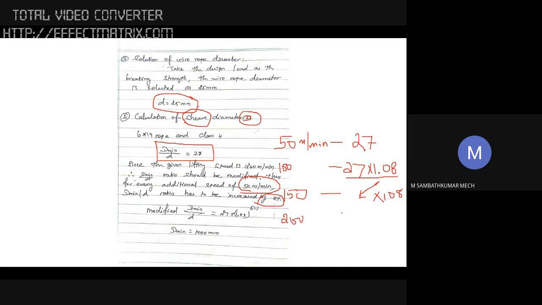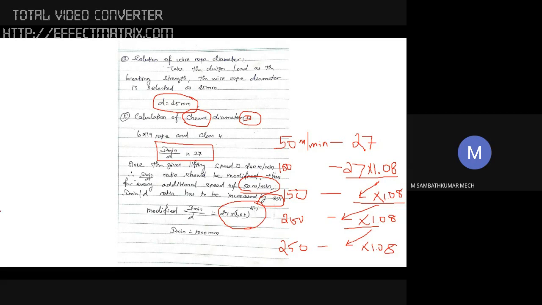Similarly for 200, again you should multiply with this value into 1.08, and it is around 240 meter per minute. So again for 250, you should calculate this value into 1.08. Either you can calculate this way or you can use this formula.